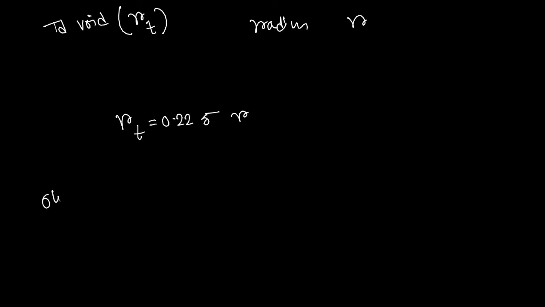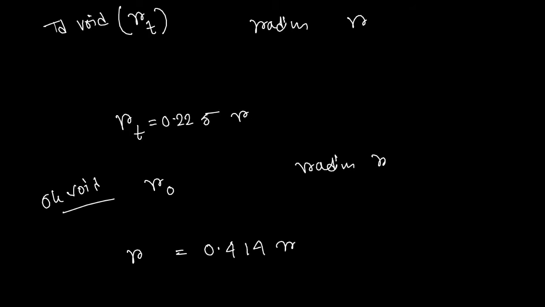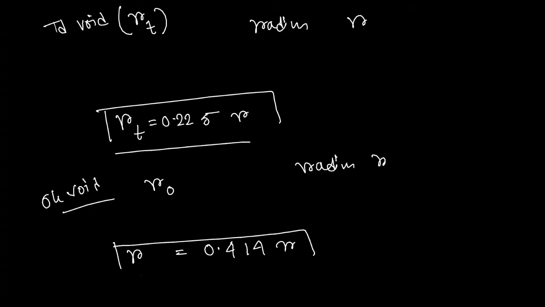Another thing, if the octahedral void radius is ro and the radius of the atom is r, then the octahedral void radius will be equal to 0.414 into r. So these few things we have to remember for any numerical type problem.